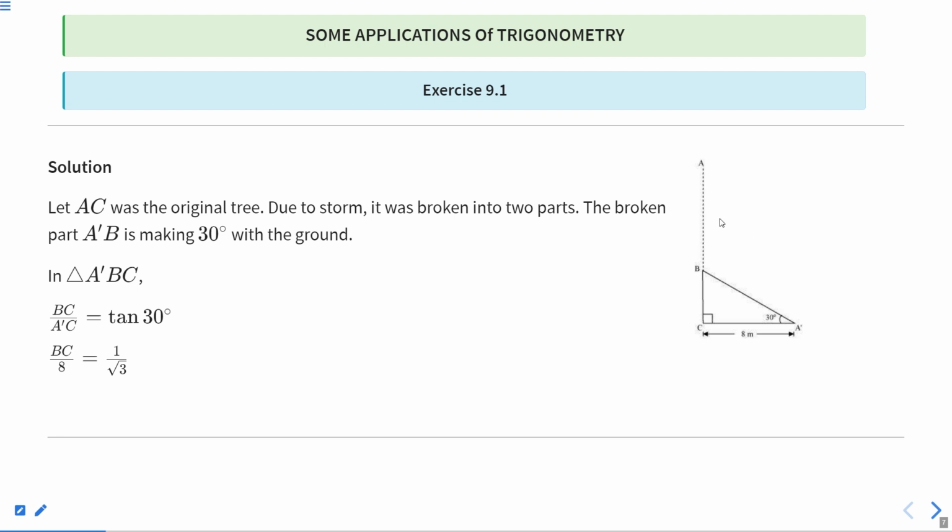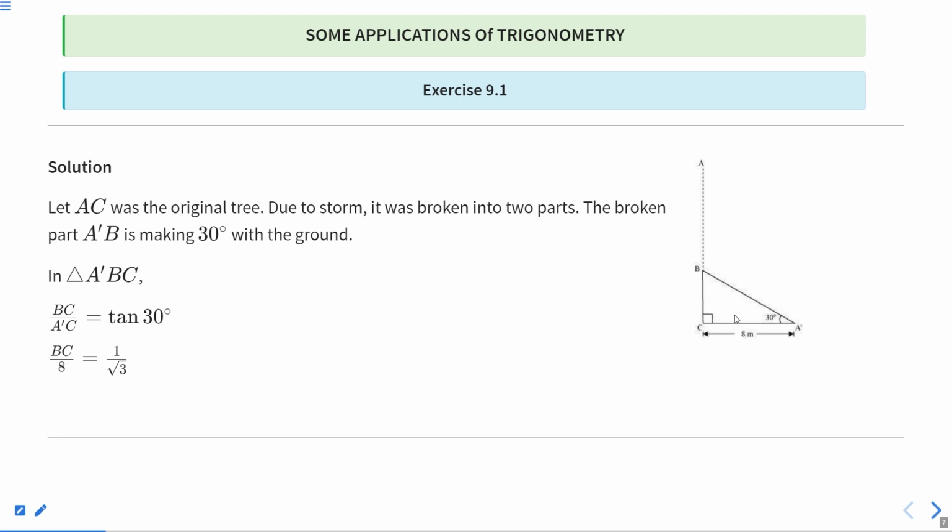After being broken by the storm, at some point B the tree breaks and touches the ground at point A dash. So AC is the original tree. Due to the storm, it was broken into two parts. The broken part A dash B is making 30 degrees with the ground.